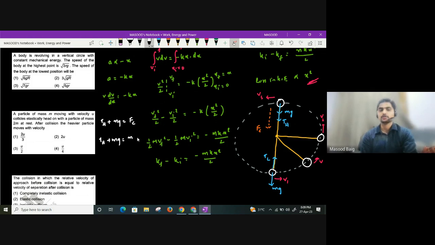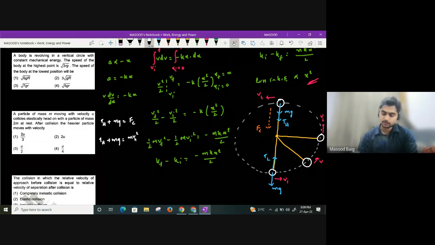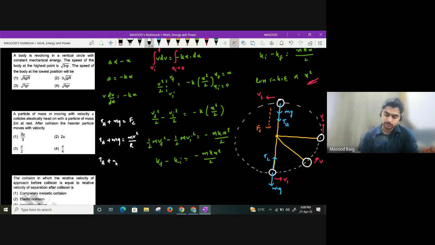What is v at the highest point? v square is 3rg, so you will get m into 3rg by r, which gives 3mg. So what is the tension at the highest point? You will get 2 mg.